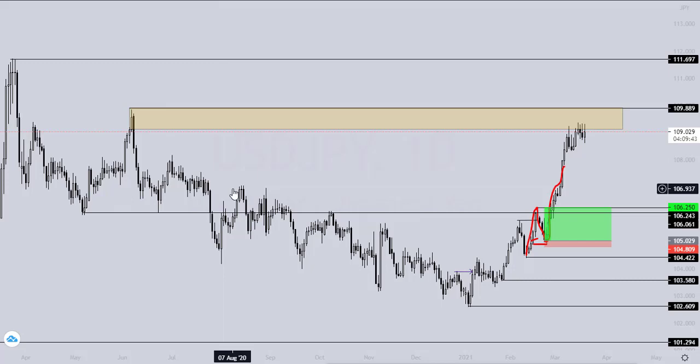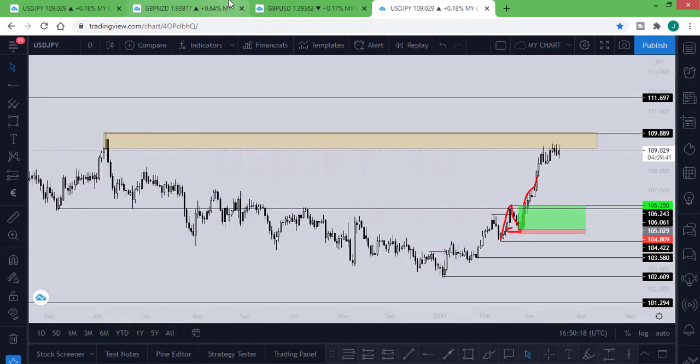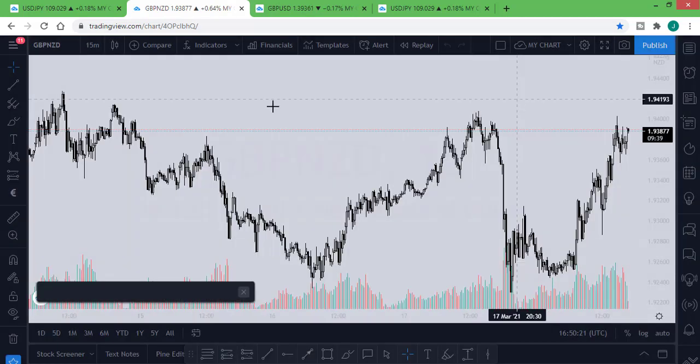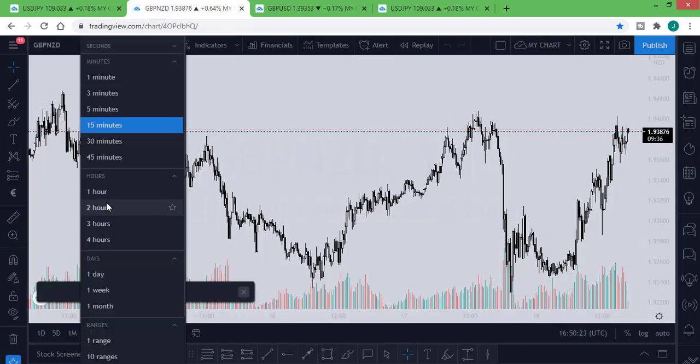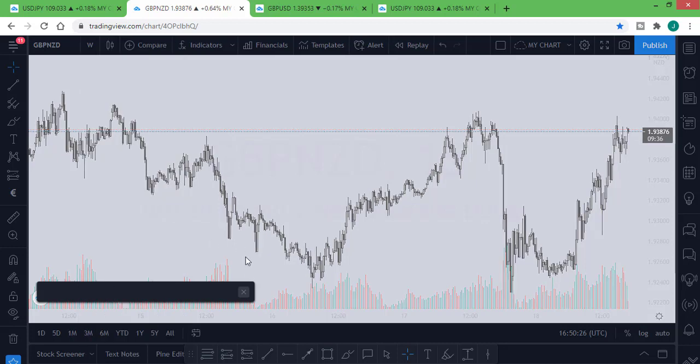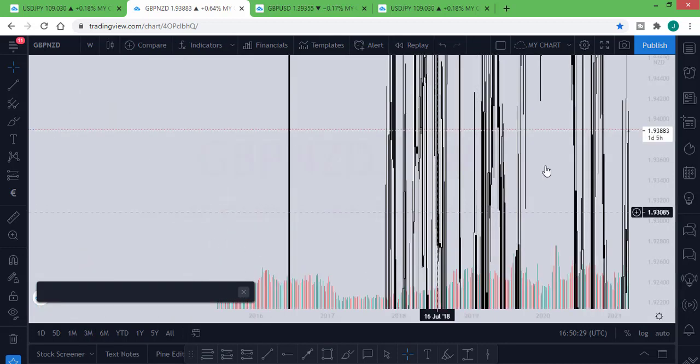Now let me switch to GBPNZD, and I'm going to show you a bit on a weekly structure, and I hope this is going to help you guys.